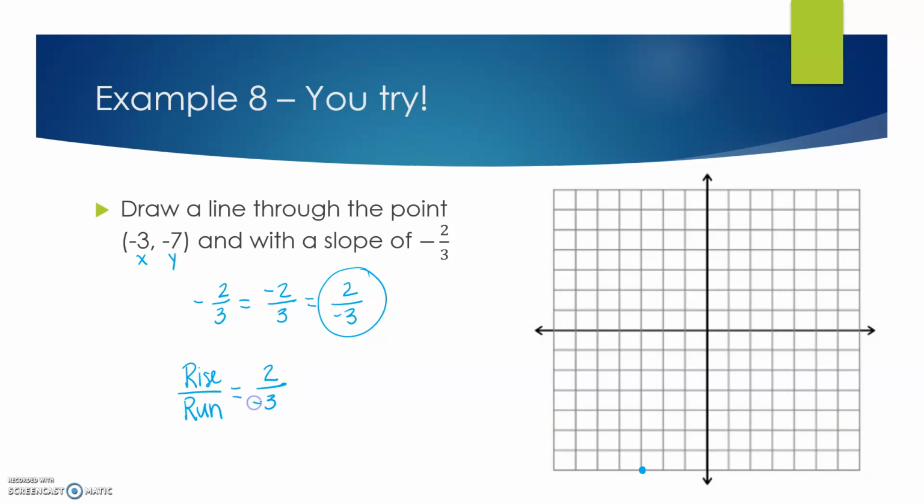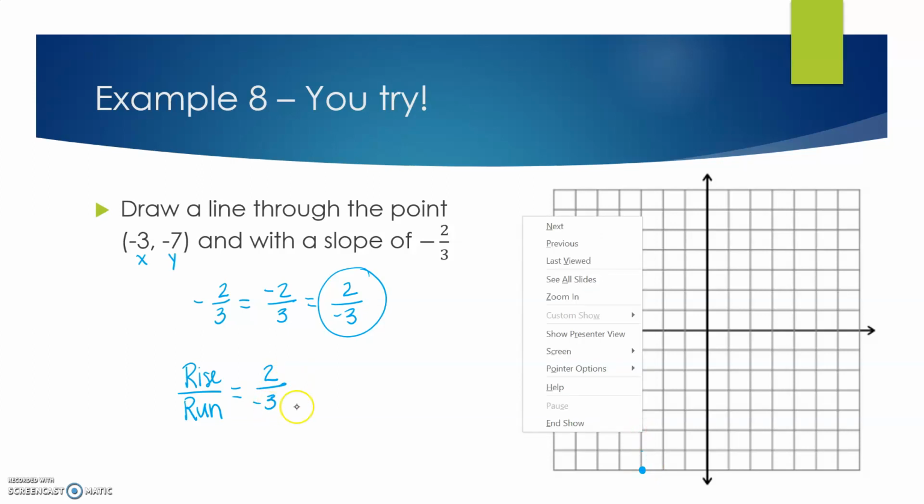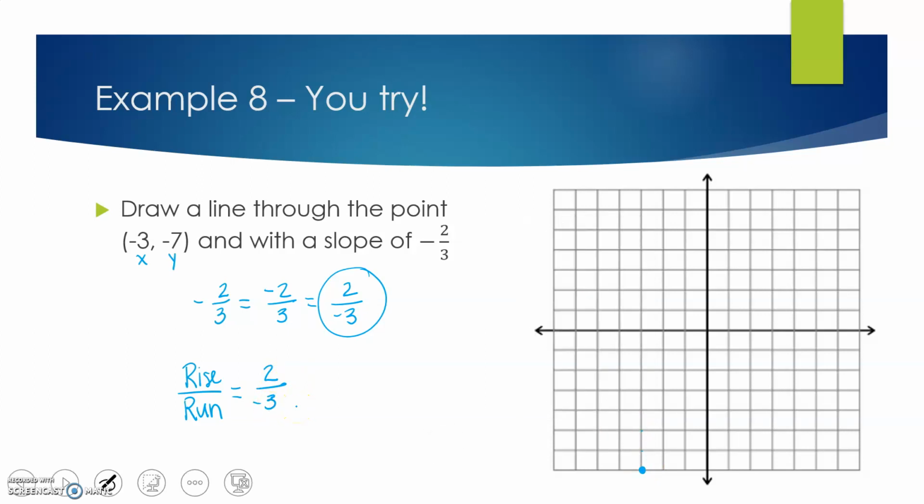I'm putting the negative in the denominator, and so I'm going to rise 2, 1, 2, but then I'm going to run -3. And -3 in the x direction is to the left, so it's going to go 1, 2, 3. Now, that's a little weird because that means that we didn't create the left point, we created the right point, but it allows us to draw our line.